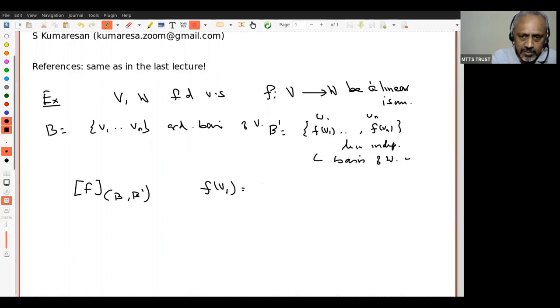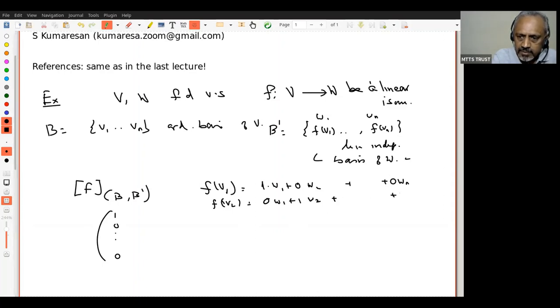But that's going to be 1 times W1 plus 0 times W2 plus 0 times Wn. So the first column is going to be 1, 0, 0, ..., 0. And what will be F of V2? F of V2 will be W2. Therefore, it's going to be 0 W1 plus 1 W2 and so on plus 0 Wn. Therefore, that's going to be 0, 1, 0, ..., 0.